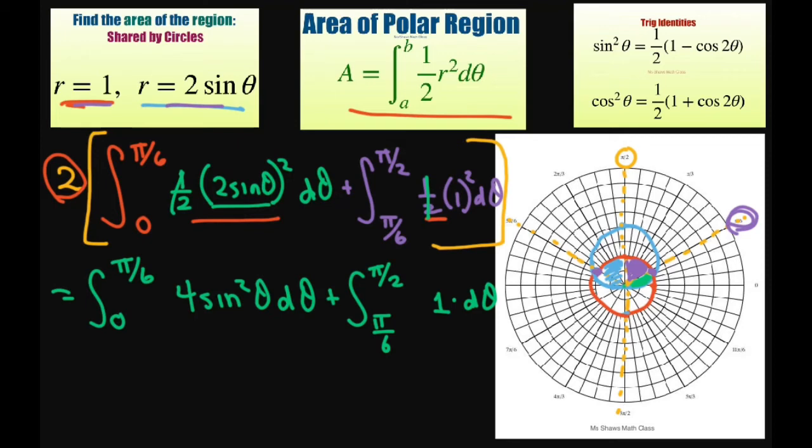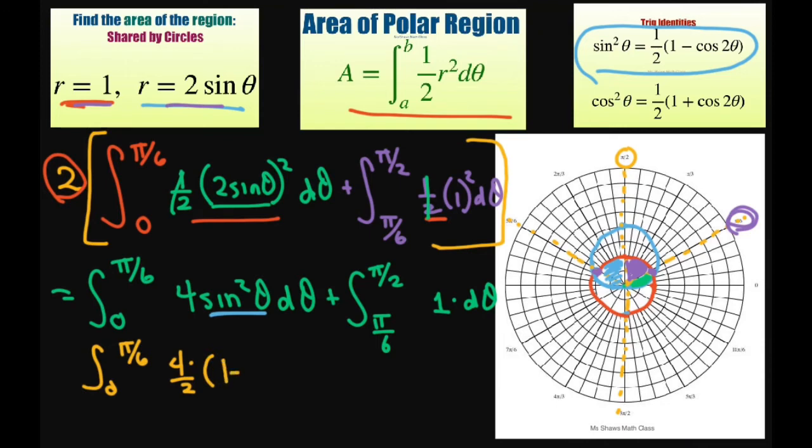The next step is to use your trig identity to simplify this, because it makes integration easier. So we have 0 to pi divided by 6, and this is 4 times 1/2 times 1 minus cosine of 2 theta d theta.